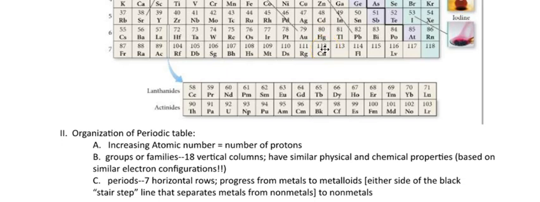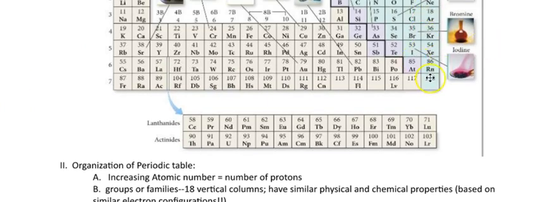Until Moseley did that, they weren't sure if there were more gaps. Mendeleev had a huge gap in his periodic table, and that's your noble gases right here. Why do you think Mendeleev did not put noble gases in his periodic table? Because they weren't even discovered yet. So how are we positive that there aren't some unknown elements somewhere within this periodic table? It's because of the protons.